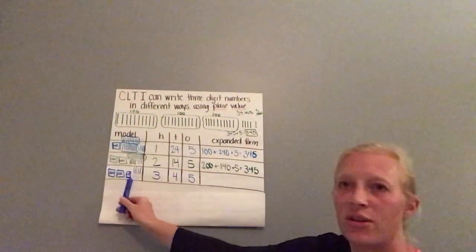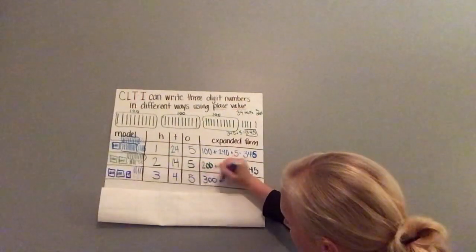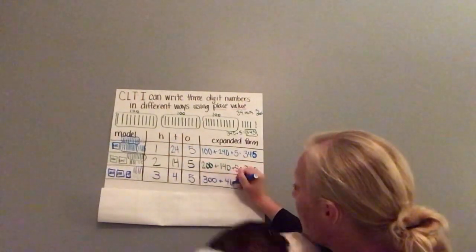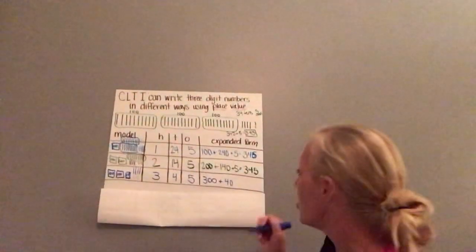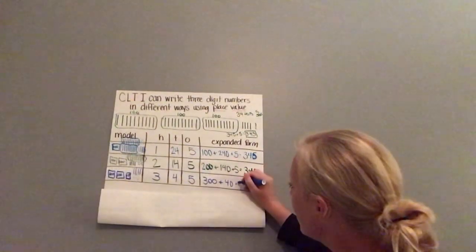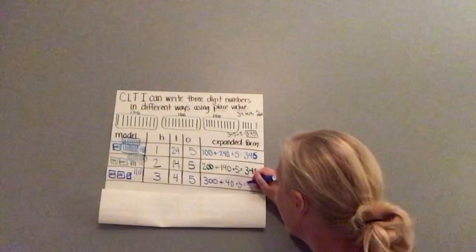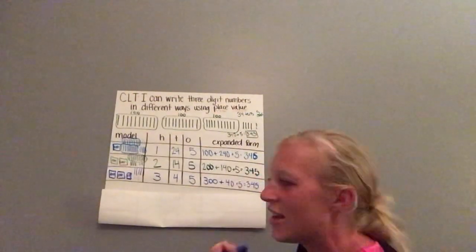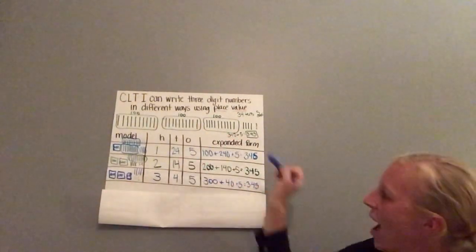How much are your hundreds worth? 100, 200, 300. How about your tens? 40. How about your ones? 5. And that equals what? 345. Awesome work.